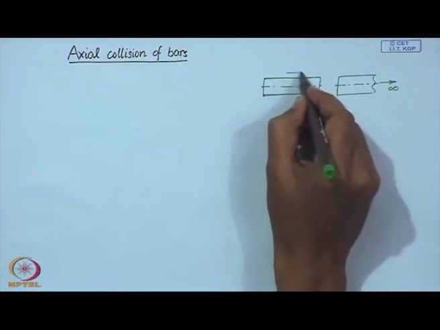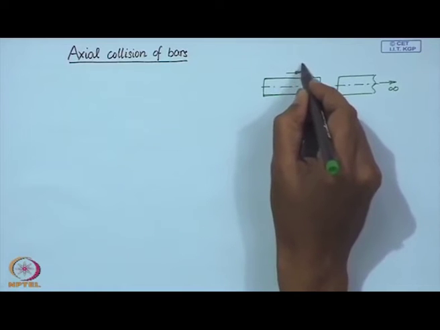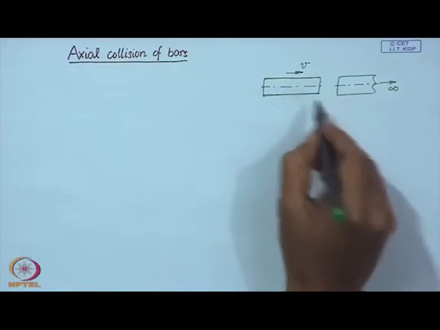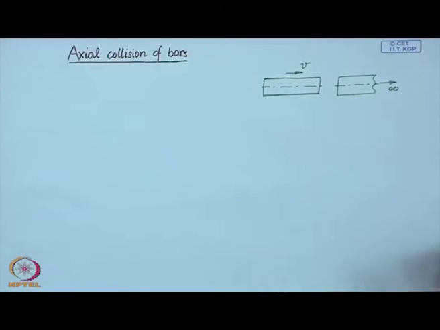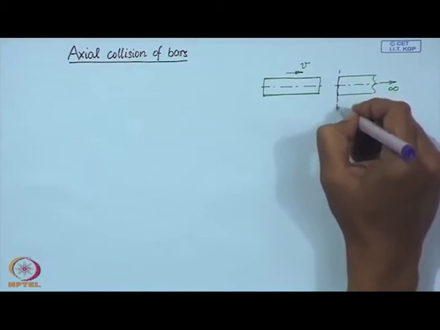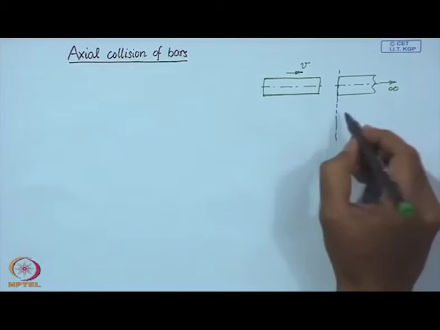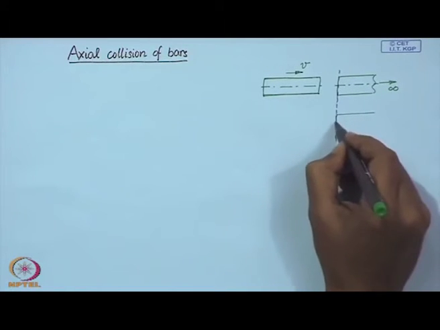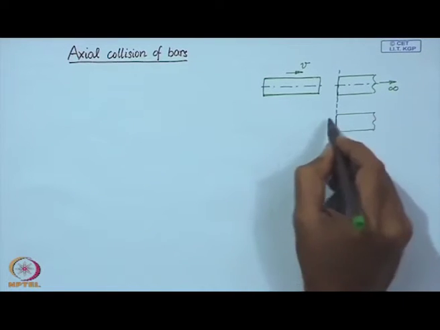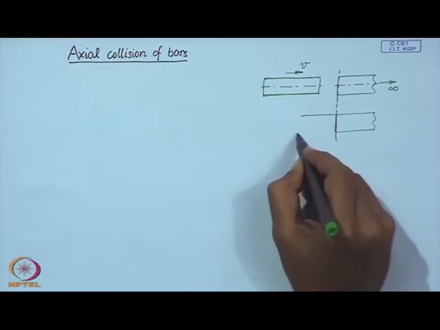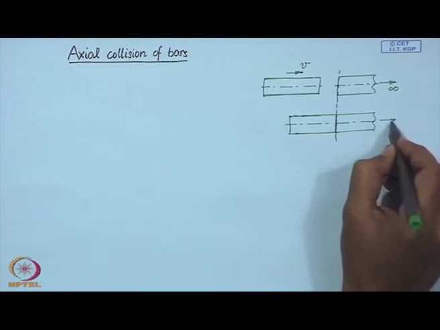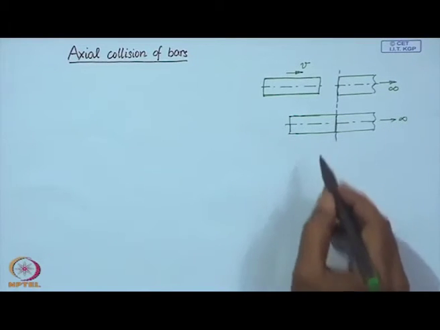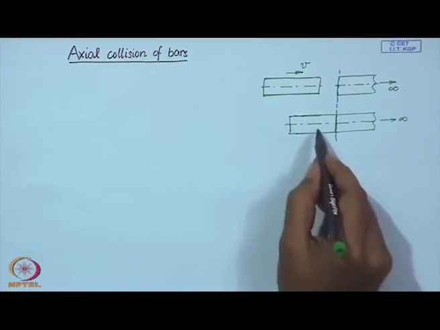This is moving with an initial speed, let us say v, towards this stationary semi infinite bar, and what happens after this is what we are going to look at.